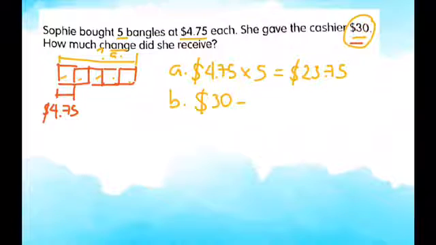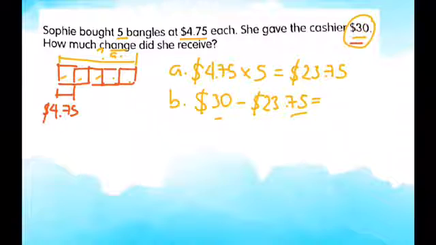So 30 minus $23.75. Now notice that the given values that we are subtracting don't have the same decimal places. So you have to be careful with your working.